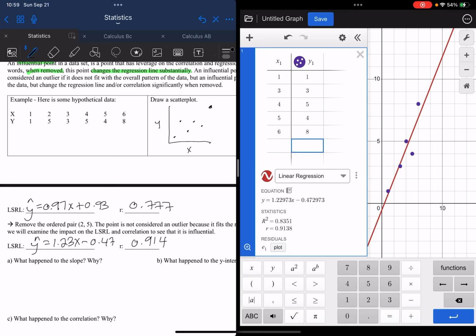Okay, so I had 0.97 and then it went to 1.23. So what happened to my slope? Well, my slope increased. And why did it increase? Well, if it had that big of effect on my equation, then that point, 2, 5, was most likely an influential point.